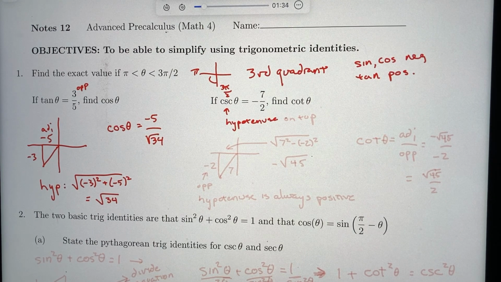Reciprocal of sine. Cosecant is the reciprocal of sine, so instead of being opposite over hypotenuse, it is hypotenuse over opposite. So 7 opposite is -2. Always make the hypotenuse positive.